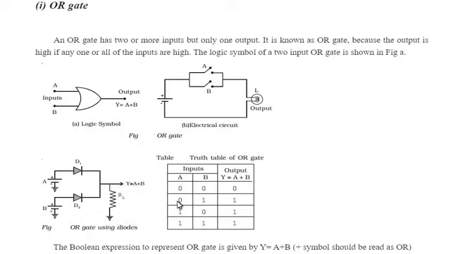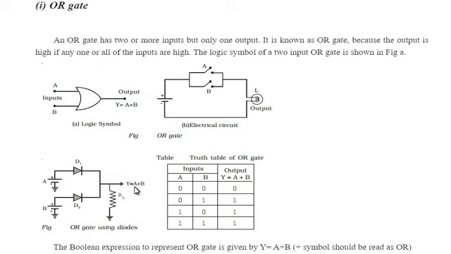Now case 2, A is equal to 0, B is equal to 1. The anode of diode D2 will be positive, therefore diode D2 will conduct, and the anode of diode D1 is at 0 potential, therefore diode D1 acts as an open switch and is not conducting. Therefore we get the output Y equal to 1.